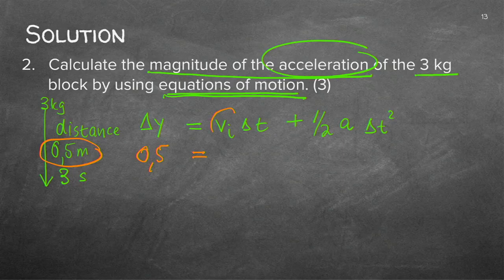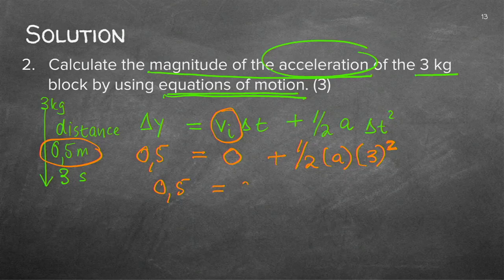I know it's starting from rest, so the initial velocity is 0, plus half a, which is what they asked me to calculate, and they gave me the time as 3 seconds. Guys, remember the square there. Do not forget the square. So if you do that calculation, you will find this is equal to 0.45 a, and a is then equal to 0.11 meters per second squared.